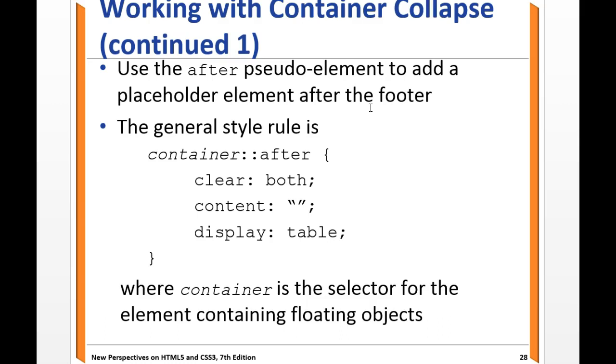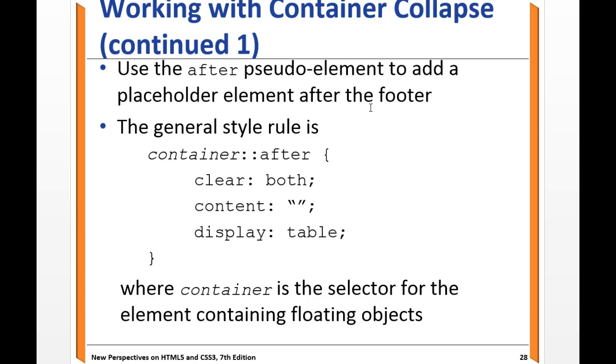One way to fix it is to use this after pseudo-element to add a placeholder element after the footer. So instead of container after, we can put footer after, and we use the clear property, which keeps this placeholder element from being inserted until both margins are clear of float.